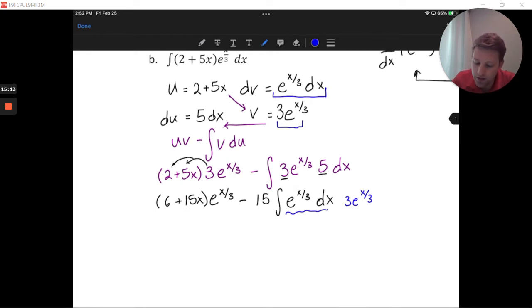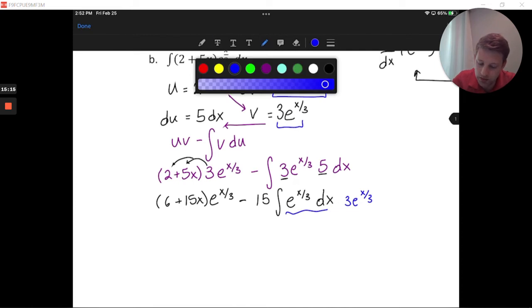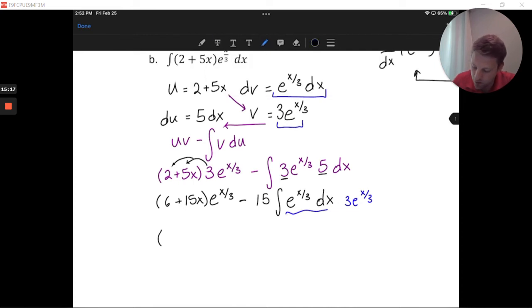So when I rewrite this integral, the first portion is unchanged. Now, I already had that constant of 15, and I'm going to be multiplying a constant of 3. So we get negative 45 times, again, that exponential e raised to the x over 3.